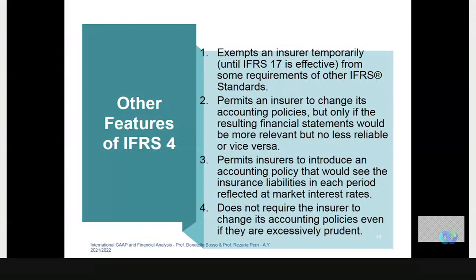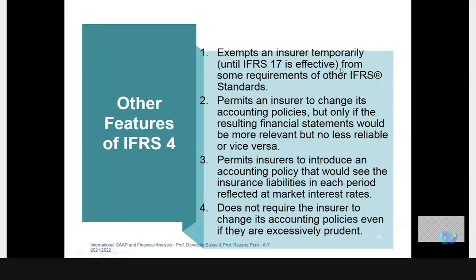We have to recognize them in the financial statements. Now, IFRS 4 does not make it a requirement for the companies to change the accounting rules in this case. Again, all these specific features of IFRS 4 come from the fact that this is a temporary standard. It's an interim standard waiting for the big one to come into full effectiveness.